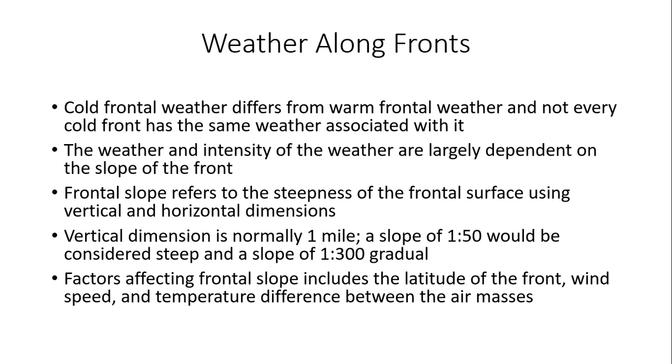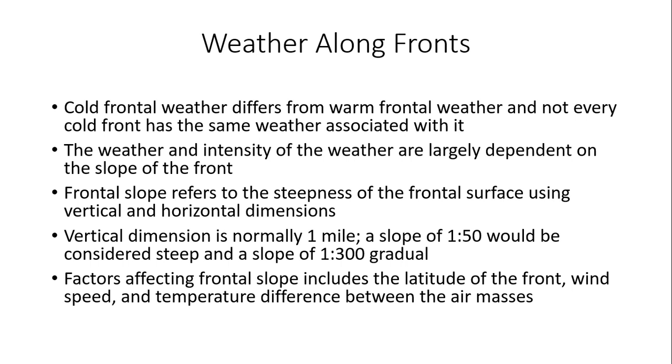Frontal slope is going to refer again to that steepness of the frontal surface using vertical and horizontal dimensions. And as a review, we talked about the average slope of a cold front being on the order of 1 to 50, 1 mile on the vertical to 50 miles on the horizontal. That's considered steep, whereas a warm front average slope of 1 to 300 is considered gradual or much more gentle.